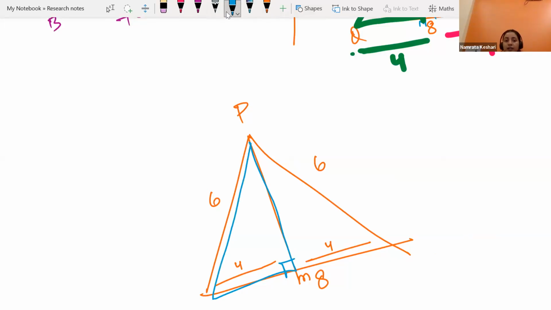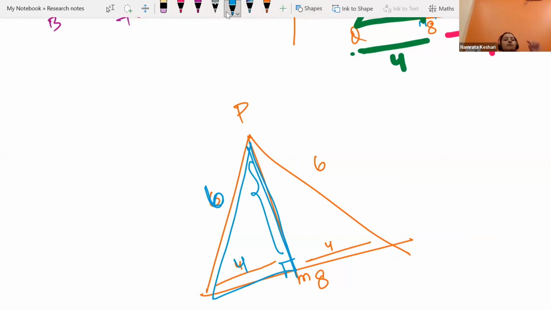It is a right angle triangle where one of the sides is 6, another side is 4. Can we find the height over here? Yes or no? By using Pythagoras theorem. So we were having an isosceles triangle. We wanted to find the height. How to find the height?